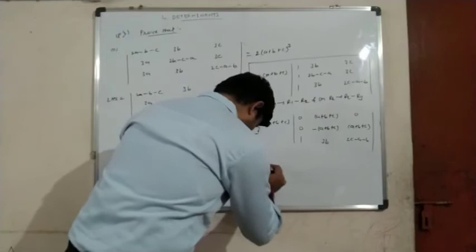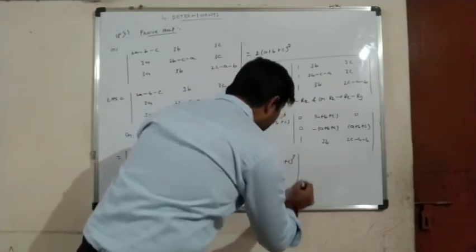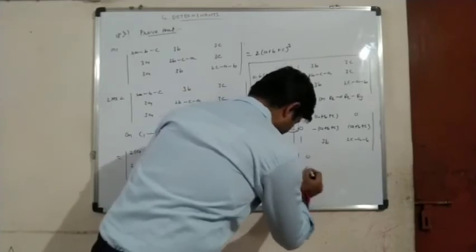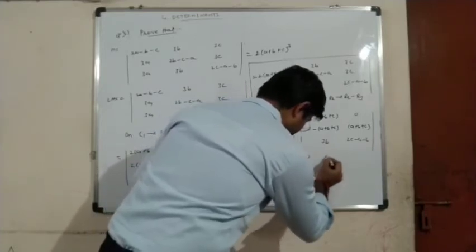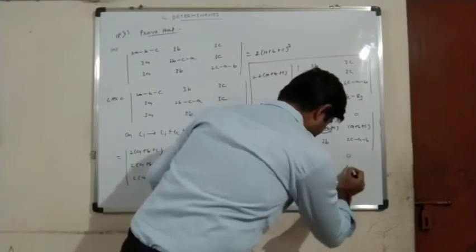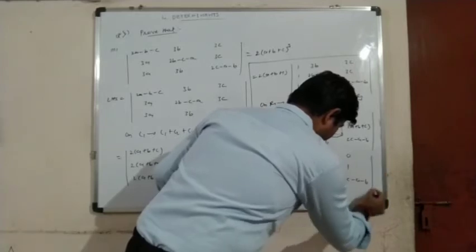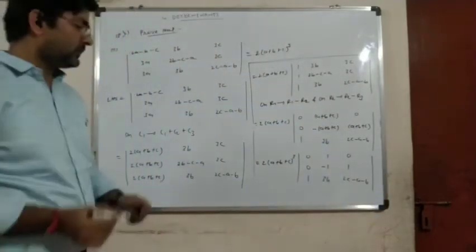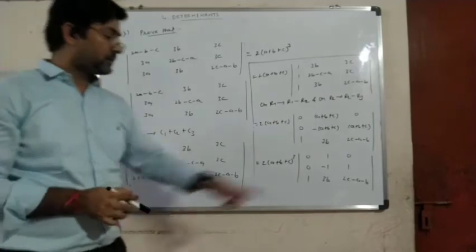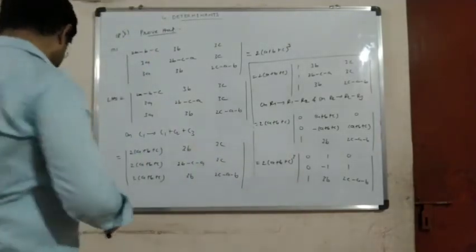So let us write down 2 into (a plus b plus c) the whole cube, 0, 0, 1, 1, minus 1, 3b, and 0, 1, 2c minus a minus b. Now we will expand along the first column to get the final answer. Clear?